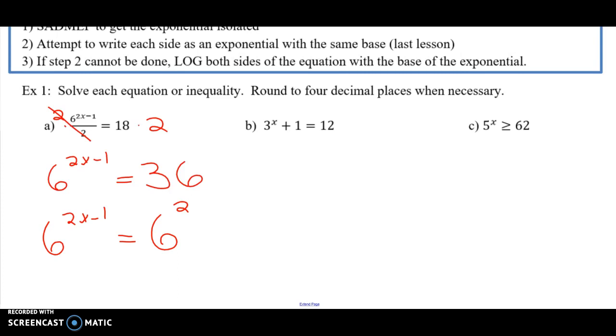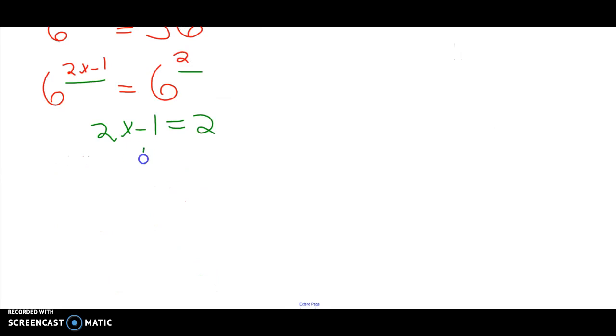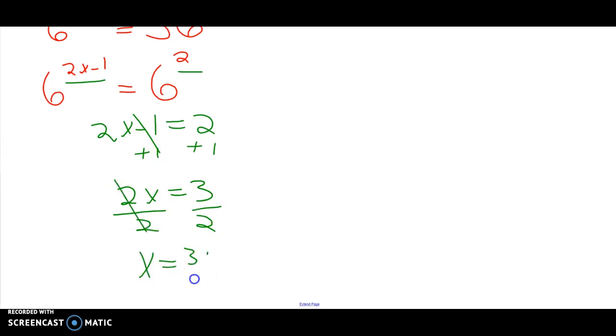So we get 2x minus 1 equals 2. And then we add 1 over. 2x equals 3. Divide by 2. That means x equals 3 halves, or 1.5. That's another review. If they can be written as the same, do it.